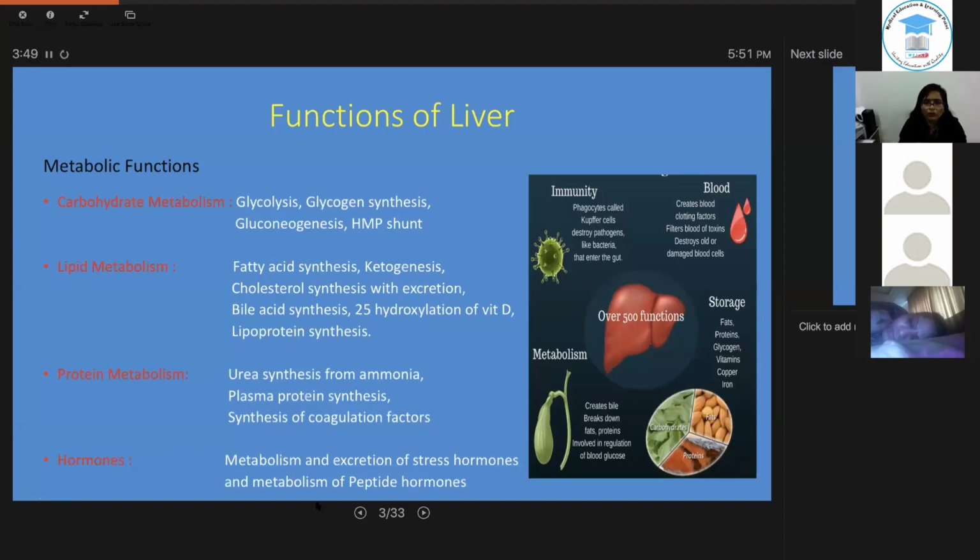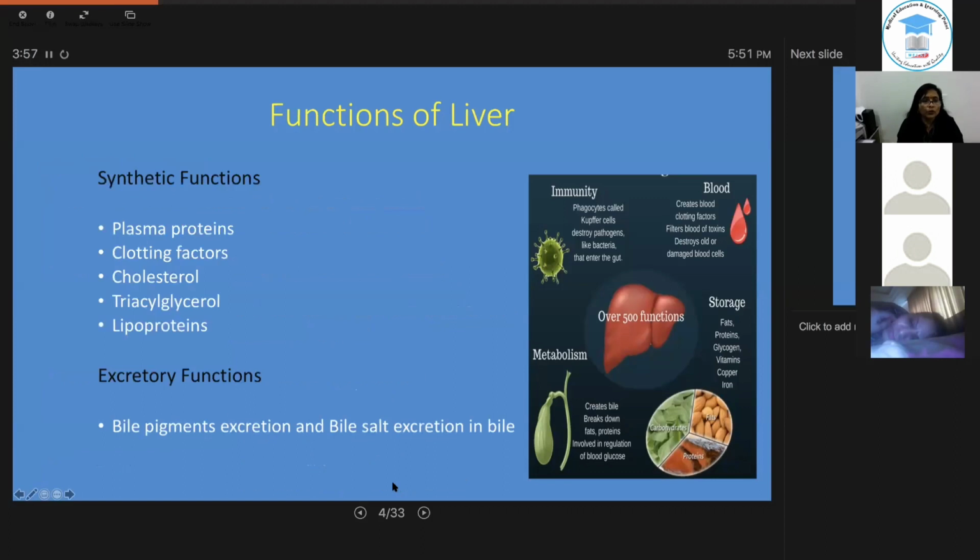Among the hormones, a lot of hormones have their metabolism in the liver, like stress hormones and peptide hormones. The synthetic function: all the major proteins are formed in the liver, the clotting factors, cholesterol, triacylglycerol, lipoprotein.